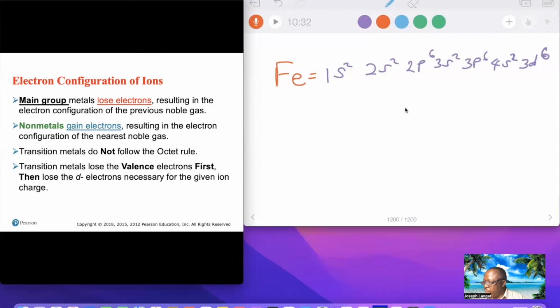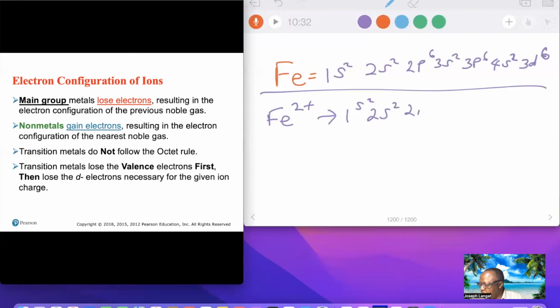So for iron 2+, it will lose the highest n value electrons. That's what I wanted to point out. The transition metal loses the electrons in the highest n value. So this will be 1s2, 2s2, 2p6, 3s2, 3p6, 4s2 is gone, and it's going to be 3d6.